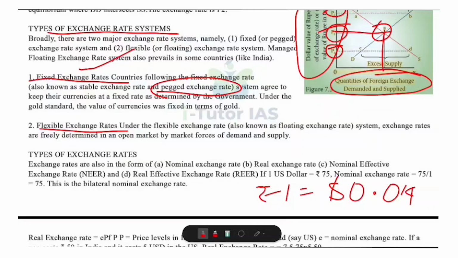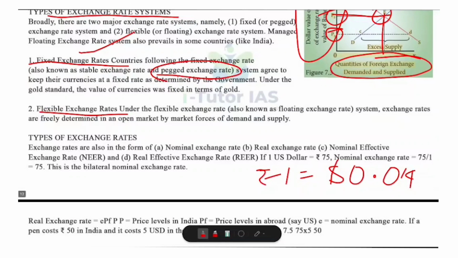What are the disadvantages? Just think about that. It requires large foreign exchange reserves to maintain the peg, and the government cannot easily adjust rates during an economic crisis. So that's about the fixed or pegged exchange rate system.